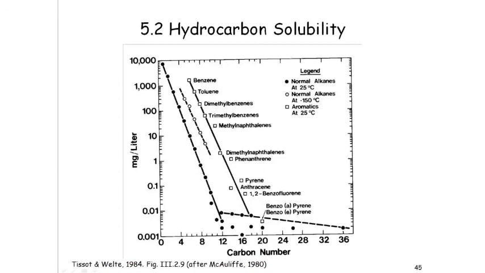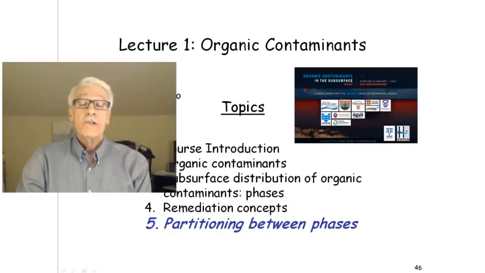That's again why we focus on the more soluble compounds, as well as the fact that they're more toxic than most of the other hydrocarbons. Benzo[a]pyrene is way down over here, many orders of magnitude less soluble than benzene. So we'll carry on this discussion in the next section.